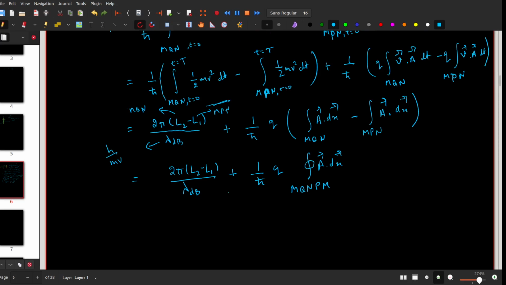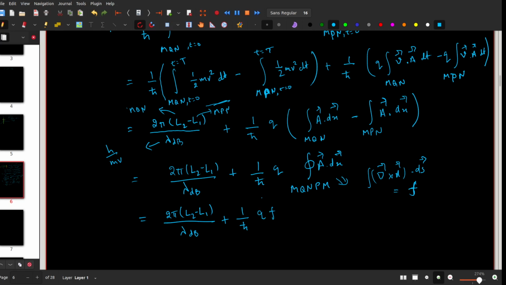This loop integral is, by Stokes theorem, the integral of the curl of A in the region bounded by this curve, and this is simply equal to the flux through the solenoid. So we get 2 pi (L2 minus L1) by lambda dB plus 1 over h bar q times the flux.